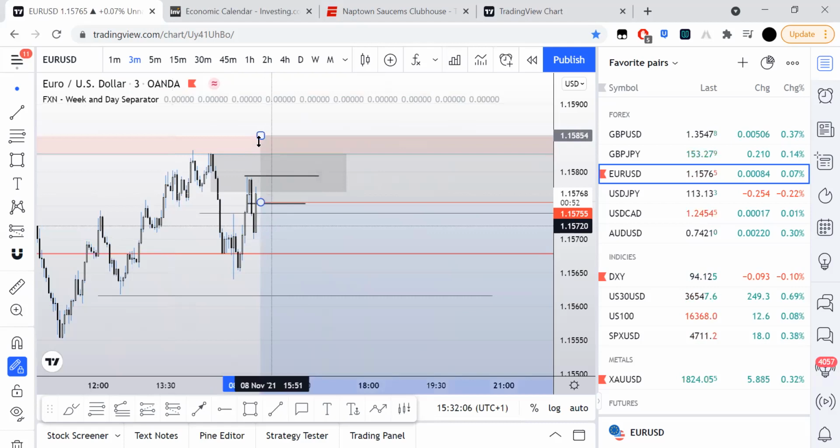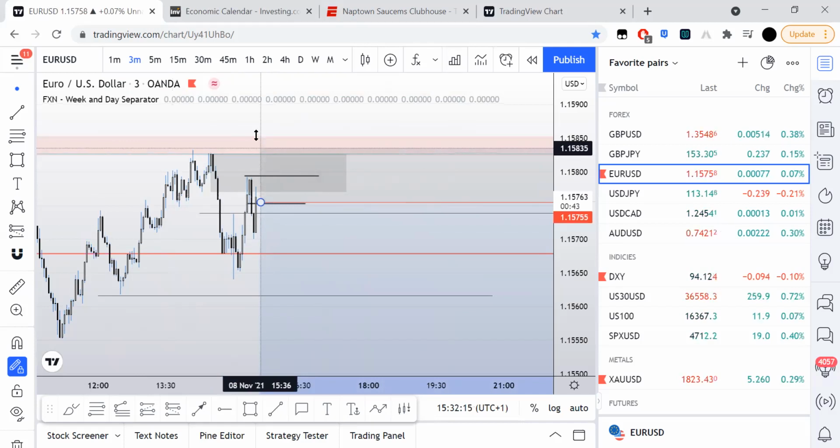A lot of people could be aggressive and put your stops here, but I think that's too aggressive. You put your stops above here or above this FVG, whichever place.